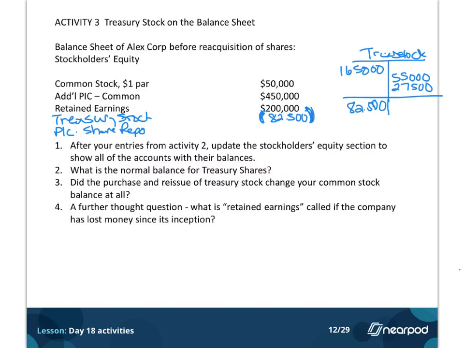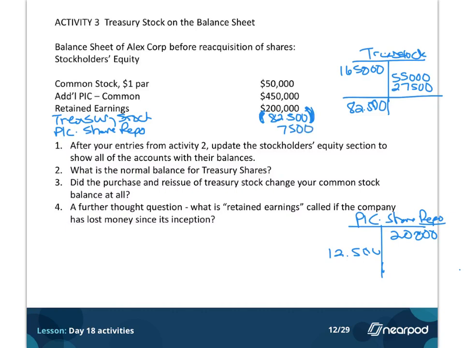And then our paid-in capital share repurchase, the first entry credited it for 20,000, the second entry debited it for 12,500, so it has a balance of 7,500.